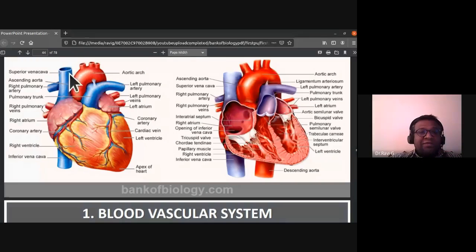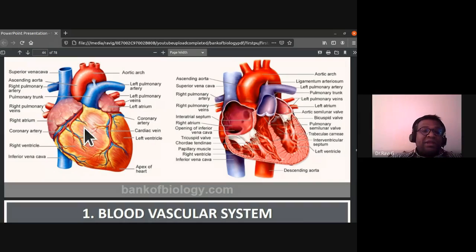You can see the three-dimensional view of the superior vena cava and inferior vena cava. Then this is the right atrium. And here there is a complete left ventricle and right ventricle. This is the left atrium, and you can notice the pulmonary veins.